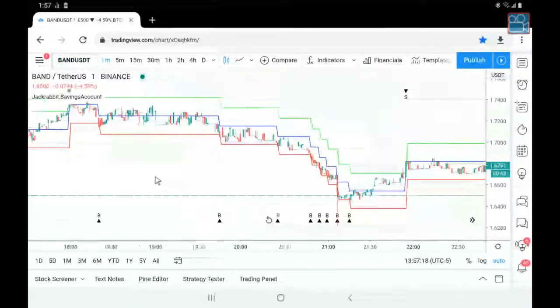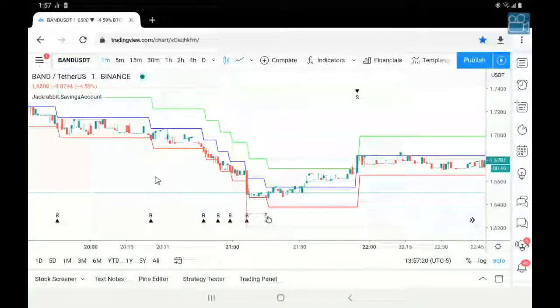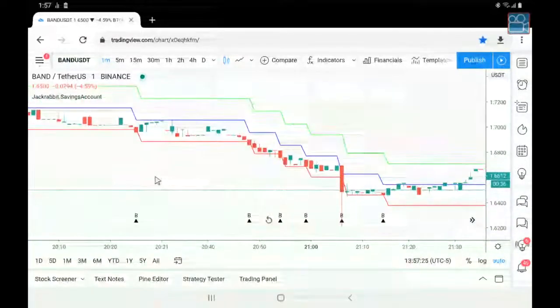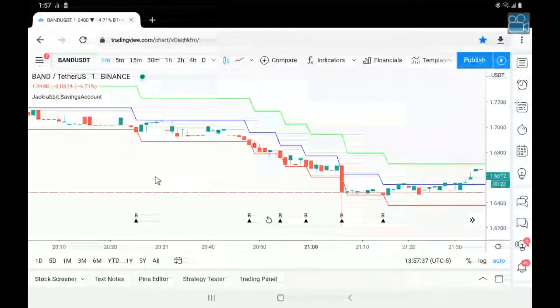While I'm here, I do want to talk about something that is a bit different from what 3 Commas or Crypto Hopper uses. 3 Commas and Crypto Hopper use a stepped-based dollar cost averaging. That is one purchase at a specific percentage level.